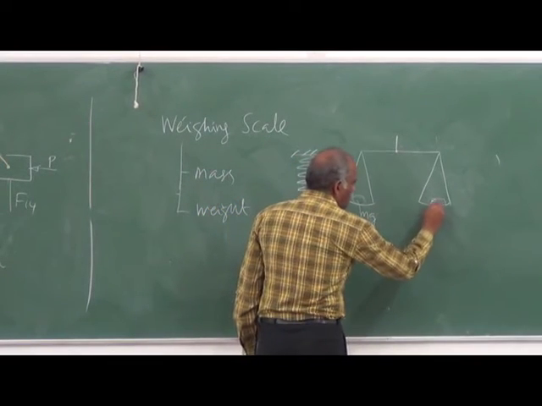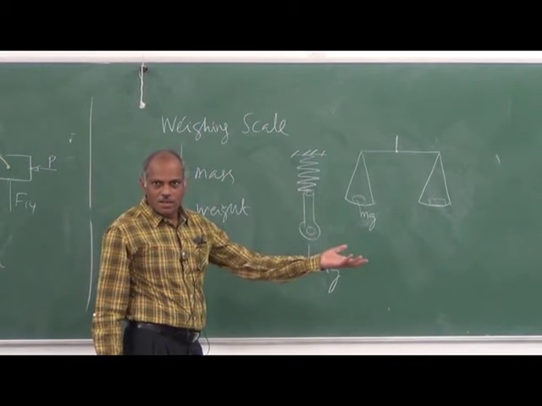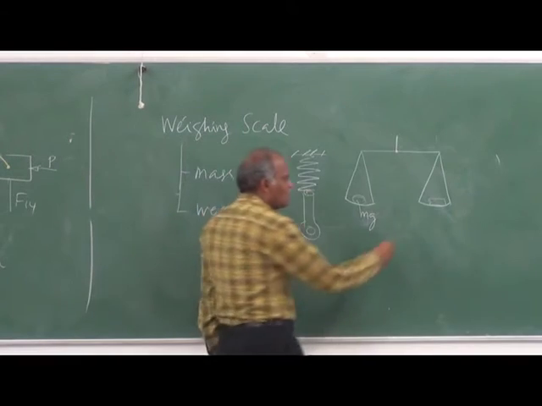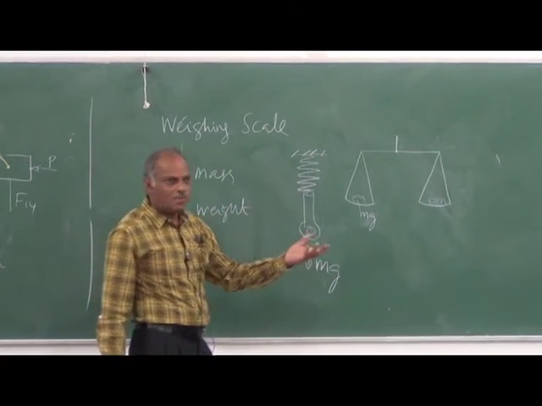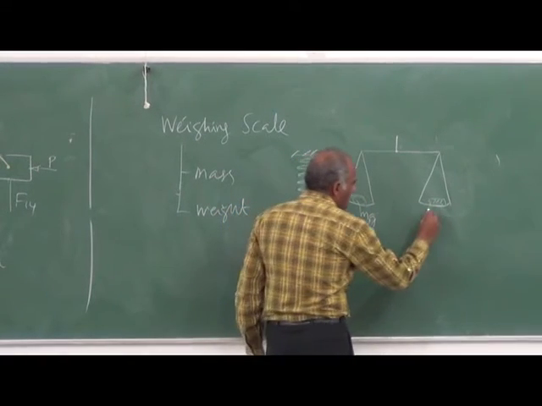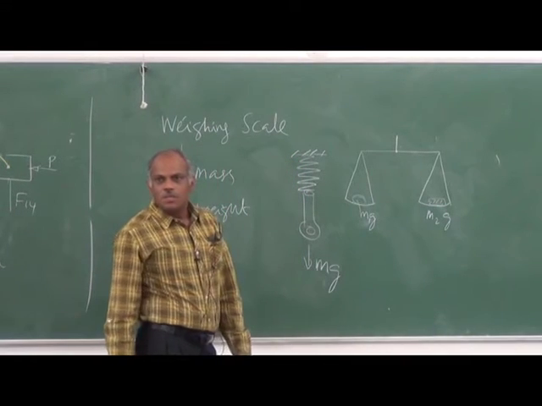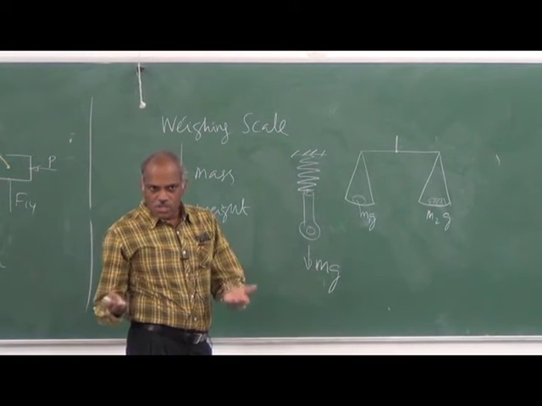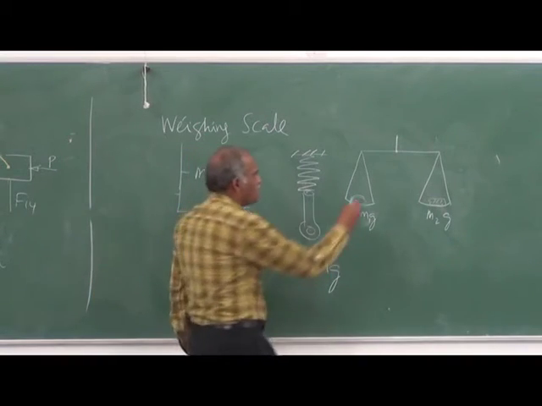You have calibrated weights provided here. Suppose I say this is M1G, this is M2G. Here also we use this for measuring the mass or weight, whatever it is. Let us see how it is working.